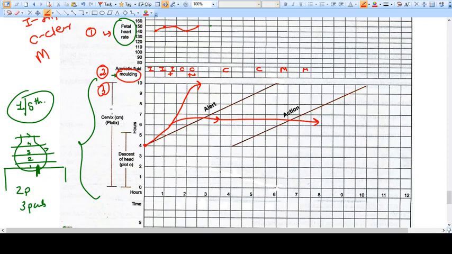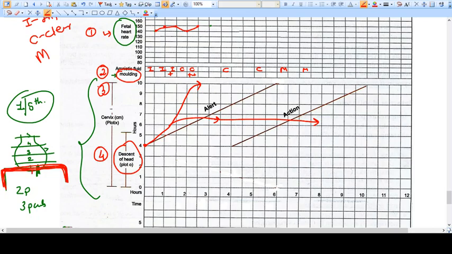Okay, now the fourth thing we are saying is descent of the head. Now we just graphicalize the fetal head into 5/5. When we do abdominal palpation of the pregnant lady, we see the head above the brim.